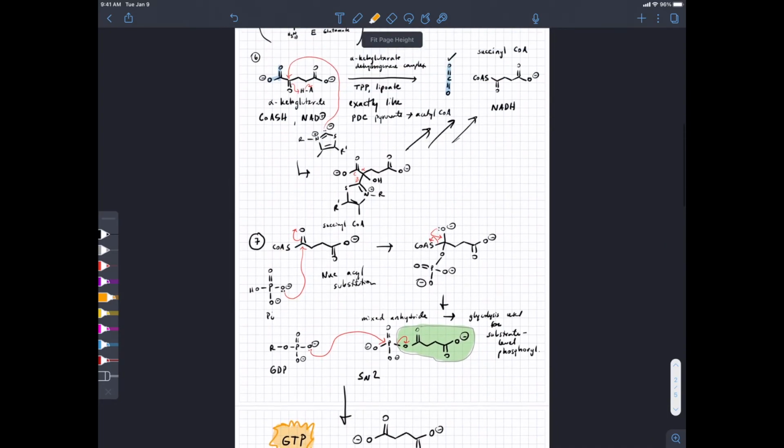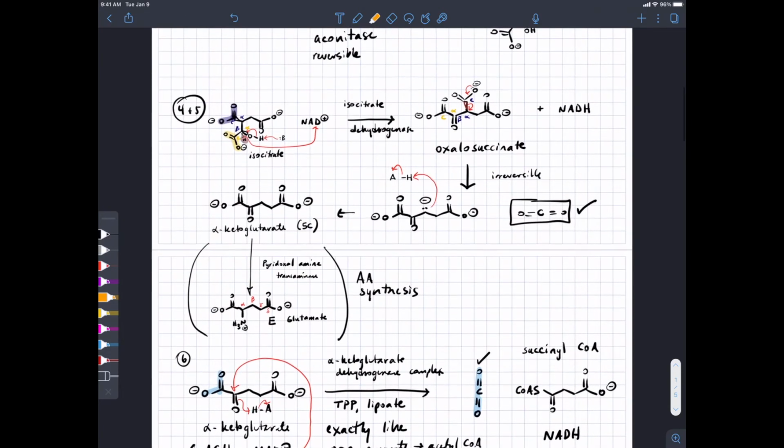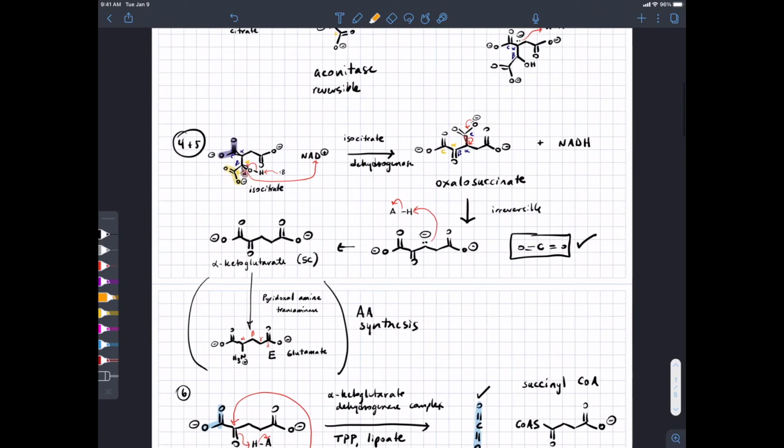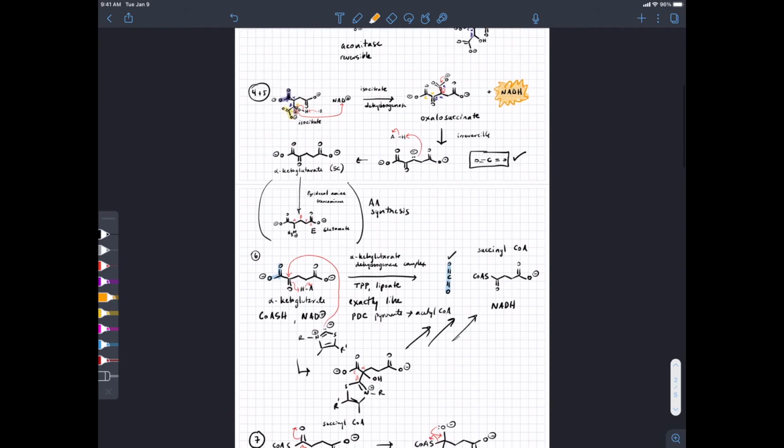Continuing back, when we oxidized isocitrate to oxalosuccinate, there's another NADH. And then I think that's it, right? Step 6, did I miss one?